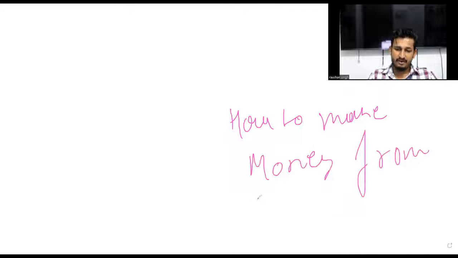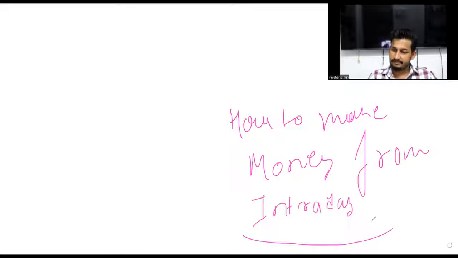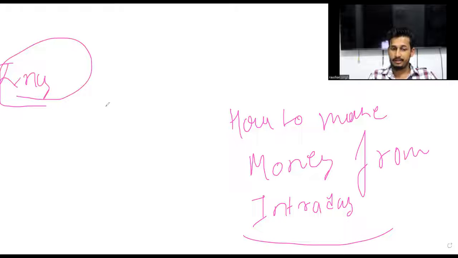I've read that book. It has given all the explanation. There are so many indicators, it has explained everything, so you will be confused more. There is one more book, Encyclopedia of Chart Patterns. That book you should read.